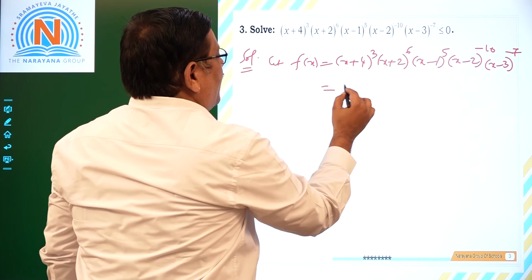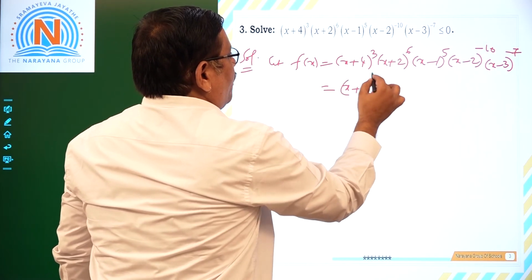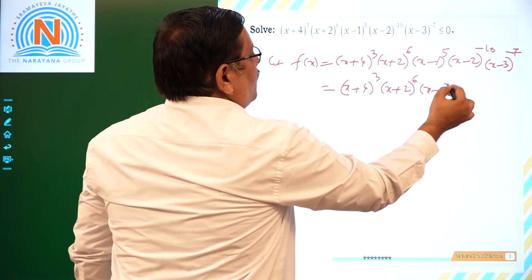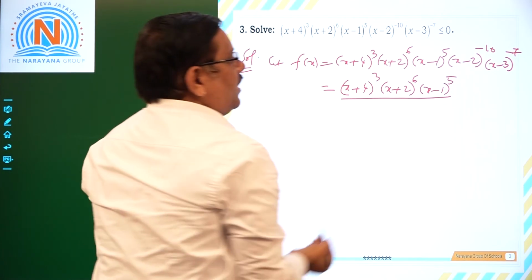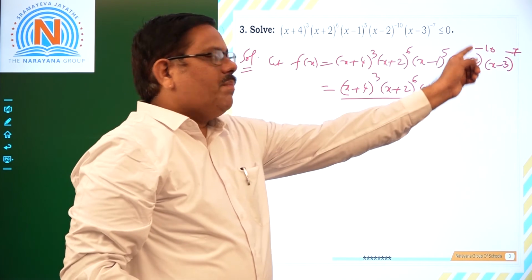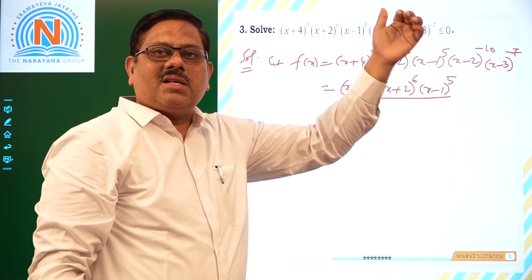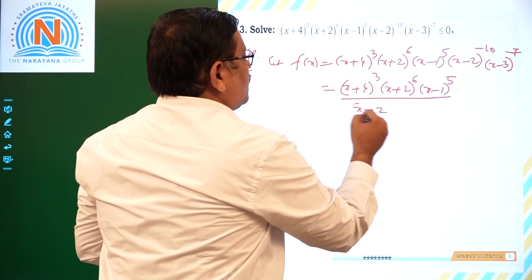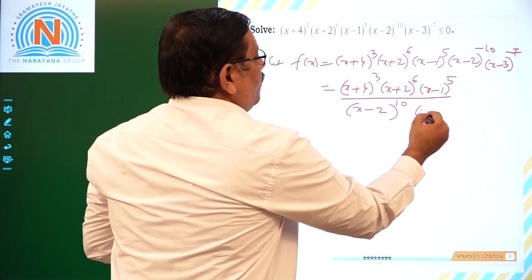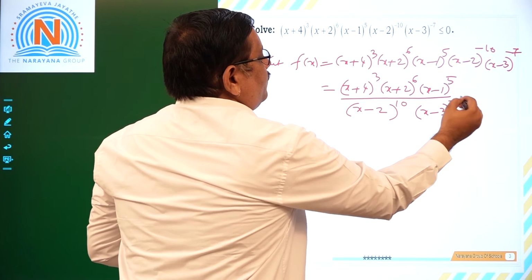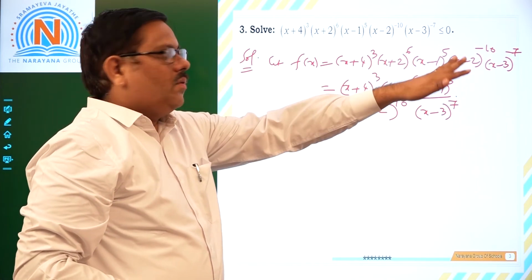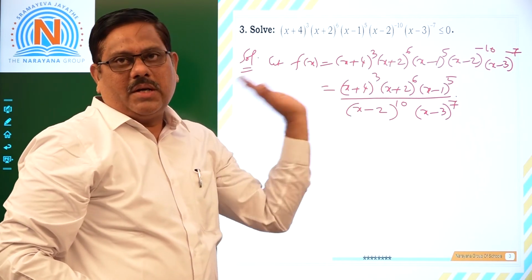Now the same I write as (x plus 4) whole cube into (x plus 2) whole power 6 into (x minus 1) whole power 5 upon, because if you have something like a power minus m, that can be written as 1 by a power m. So that changes to (x minus 2) whole power 10 into (x minus 3) whole power 7. So a little change we have to make. That is a new thing in this particular problem.